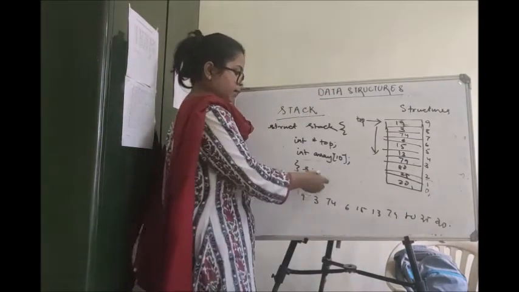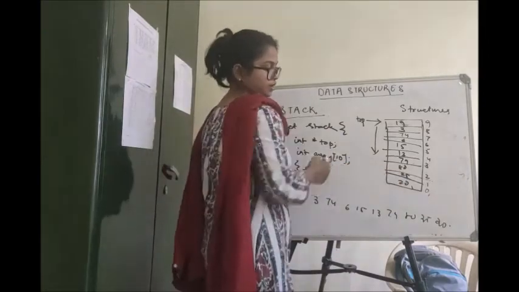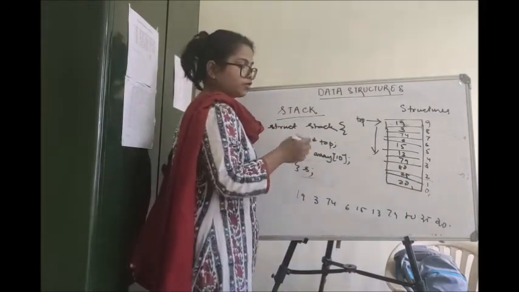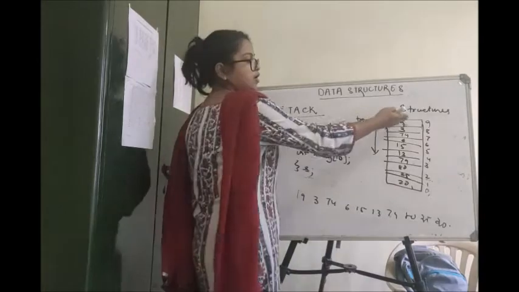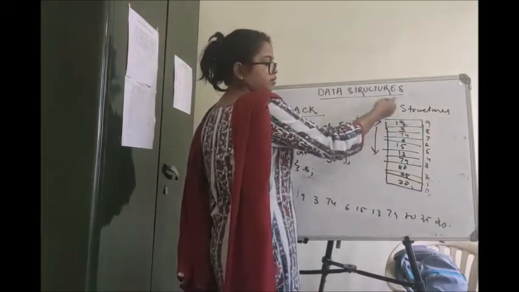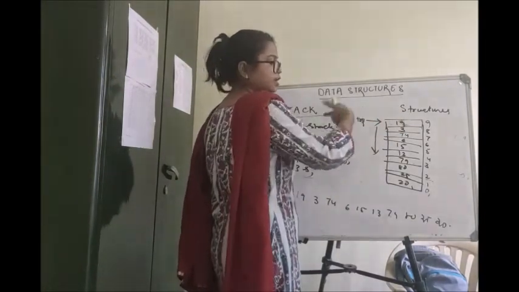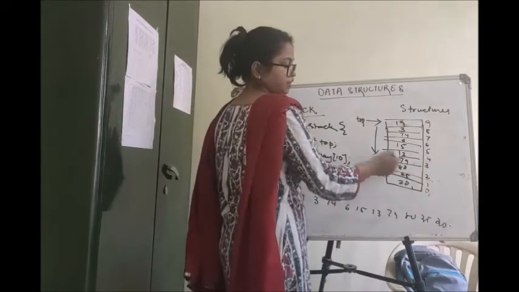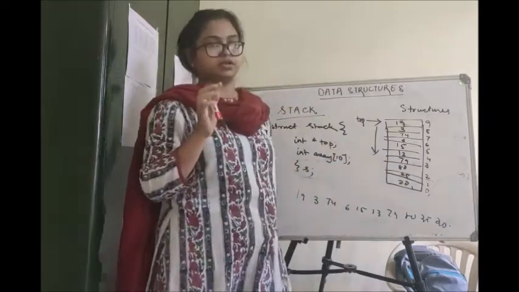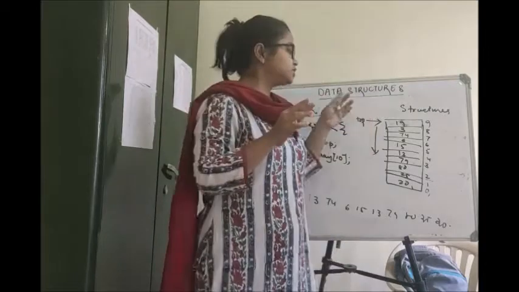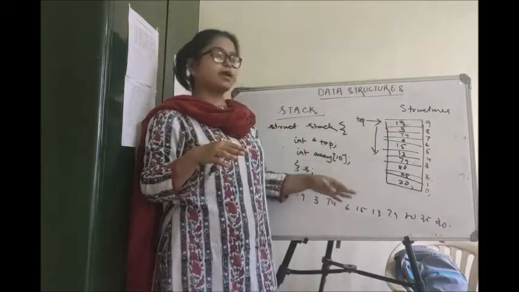So this is how one by one we retrieve. We cannot directly get 20. To print 20, first we have to retrieve all the other elements. We have to take them out of the stack, then only we can reach 20. Directly you cannot reach 20. That's the idea. So I was discussing what a stack is and how it looks.